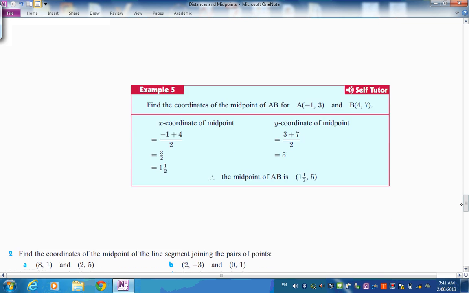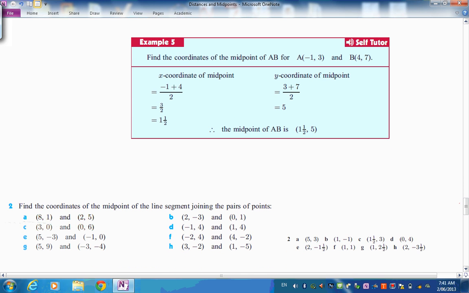So here's an example now, and there's some problems for you. Find the coordinates of the midpoint, middle way between these two. You might say, well, hang on, Huddy, you said we were doing geometry. Why would I want midpoints? Let's just have a look.